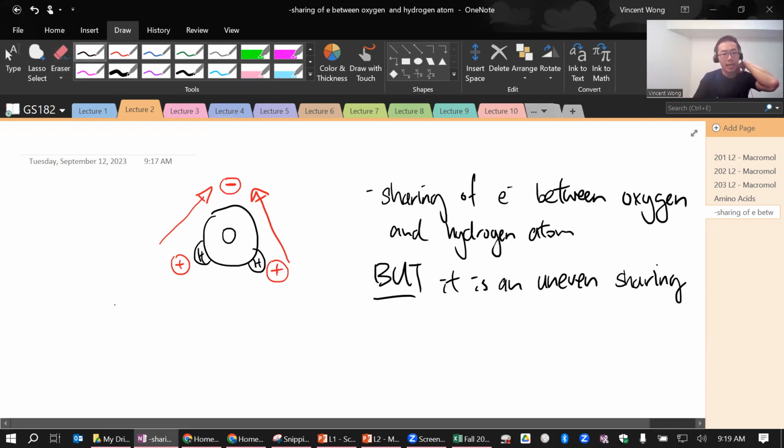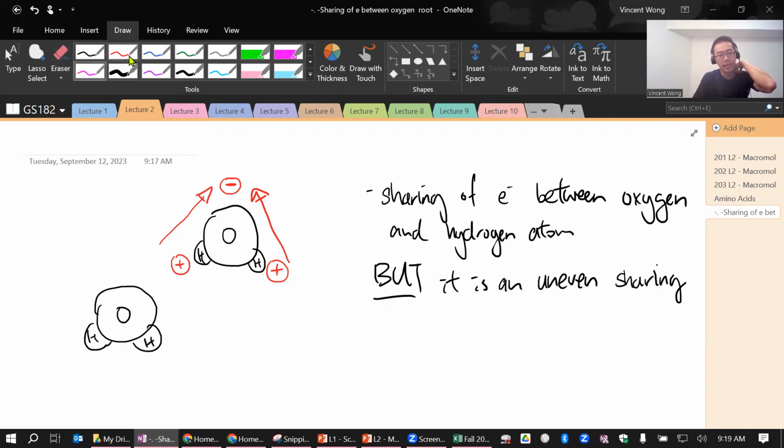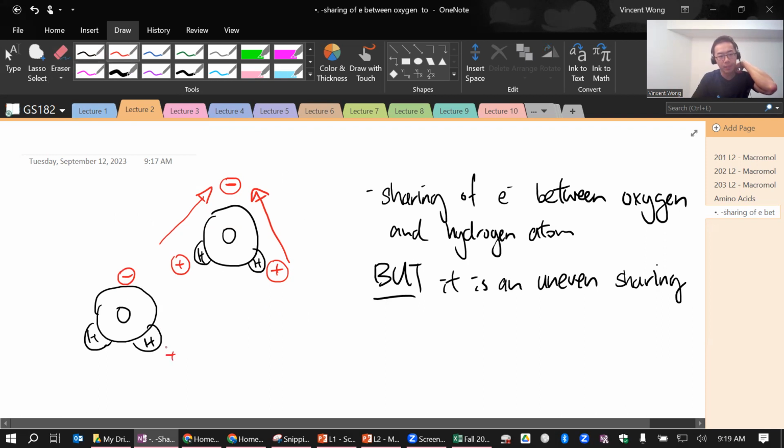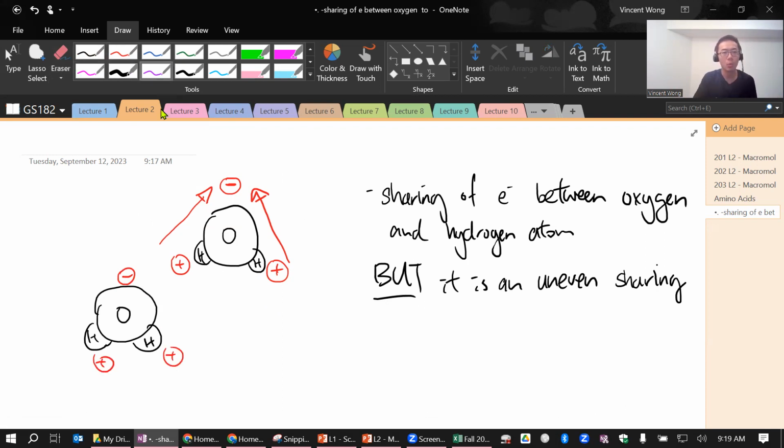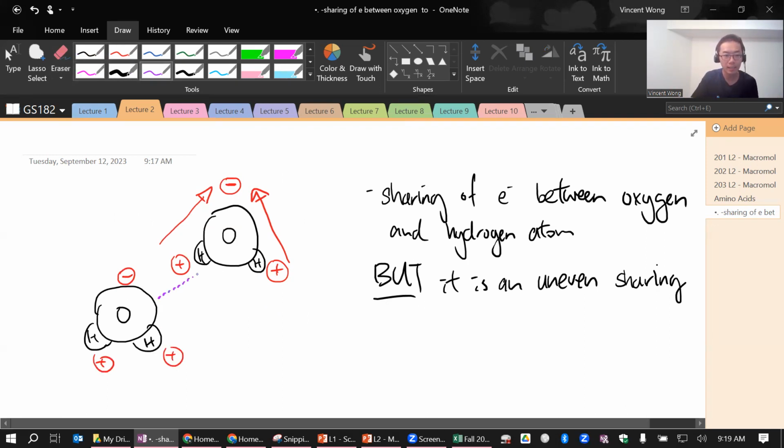So when we put another water molecule next to it, okay, you can draw a water molecule like this, kind of like an upside down Mickey Mouse. The slightly negative portion of the oxygen will attract to the slightly positive hydrogen of another. Right?